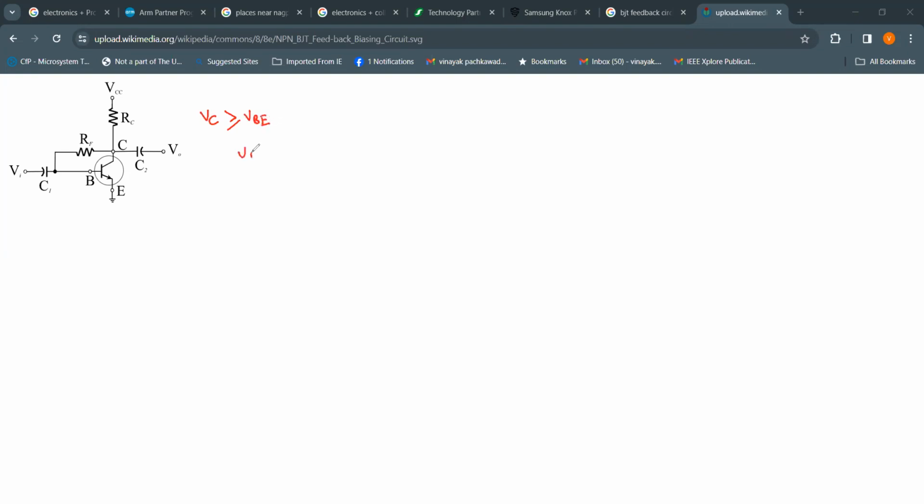The base emitter voltage, assuming this transistor is silicon, is approximately 0.65 to 0.7 volts.